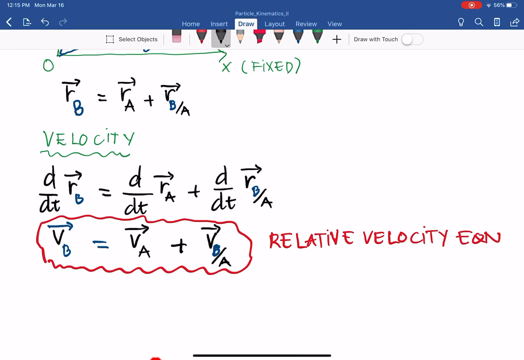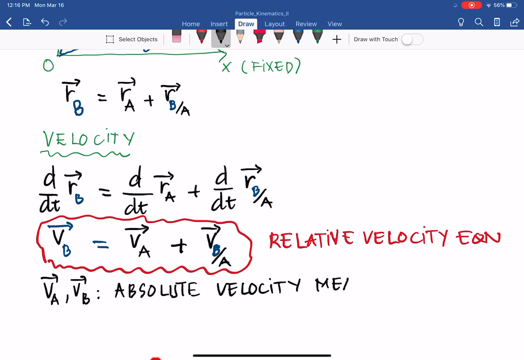So what are VA, VB, and VB relative to A? VA, VB, very simple. That's something we are familiar with. Basically the absolute velocity, measured with regard to the fixed coordinate X and Y axis, or your car with the road, right?